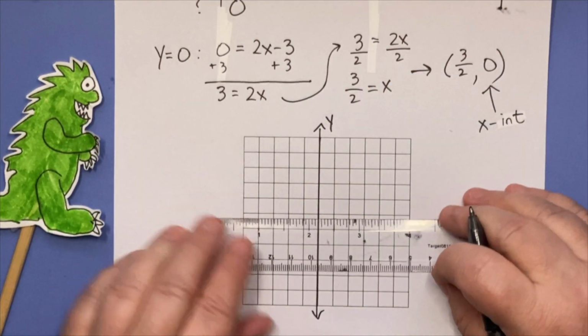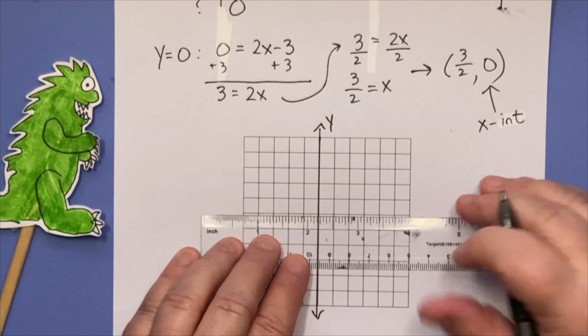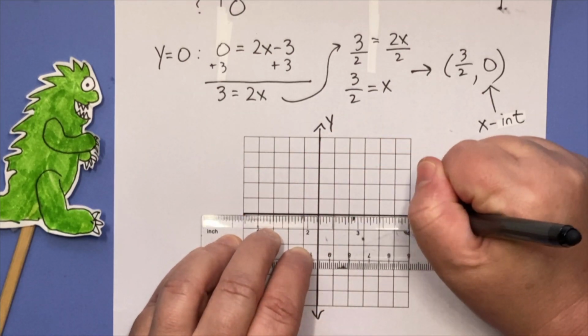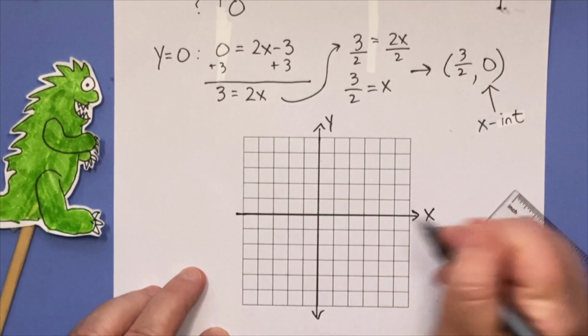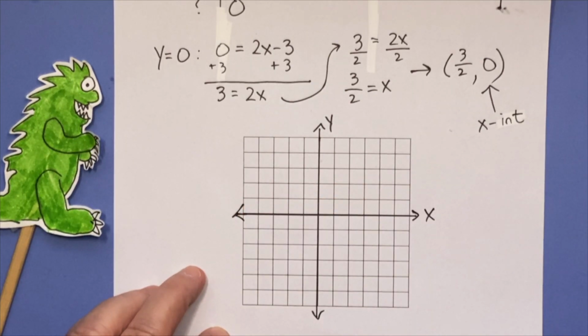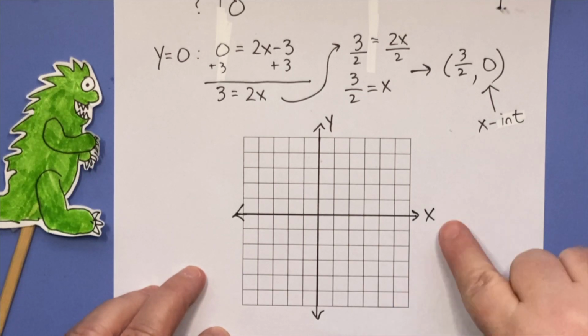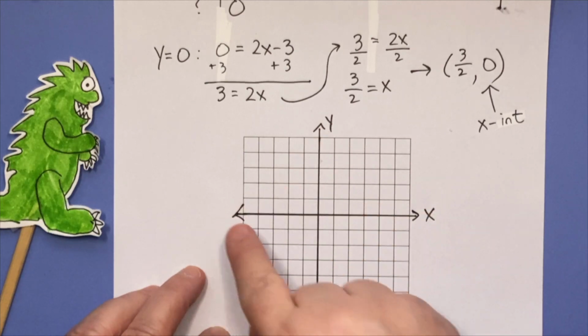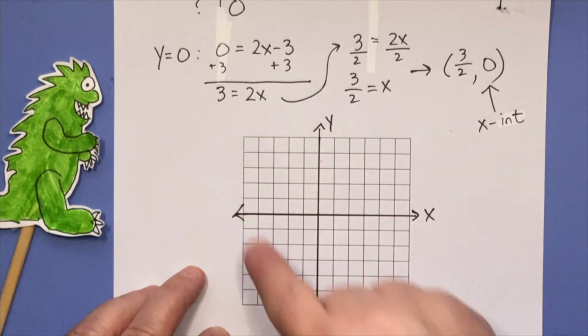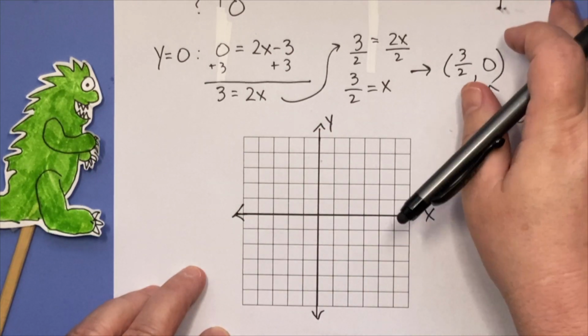Okay, so I've got an axis right here, and I've got an axis right here. And again, when I'm asking you to graph, please identify your axes, label x and y, label all the arrows, right? Get all the arrows on and make sure you label your scale.